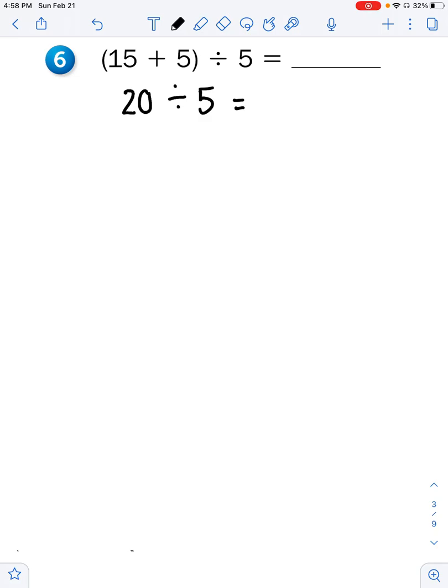And that's the same thing as saying 20 divided by 5. Well, if I count up by 5s, I go 5, 10, 15, 20. I counted that 4 times. So 20 divided by 5 is 4. So 4 would be my answer.